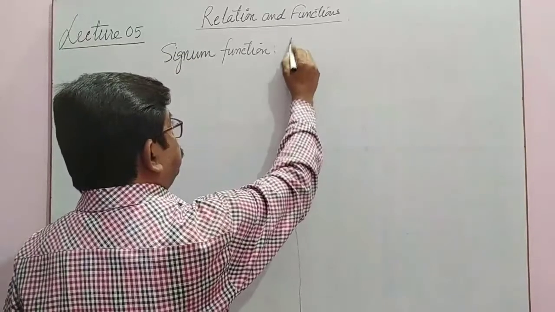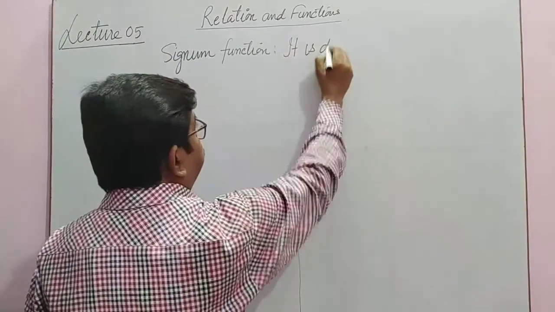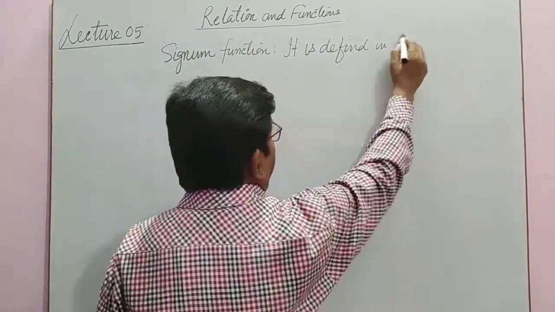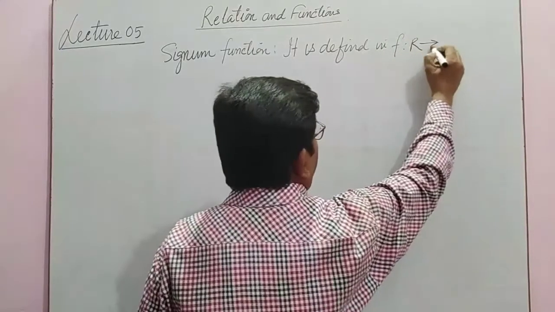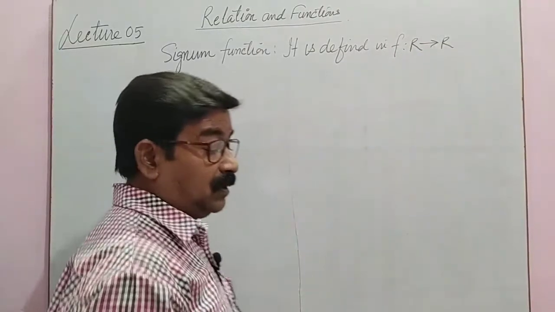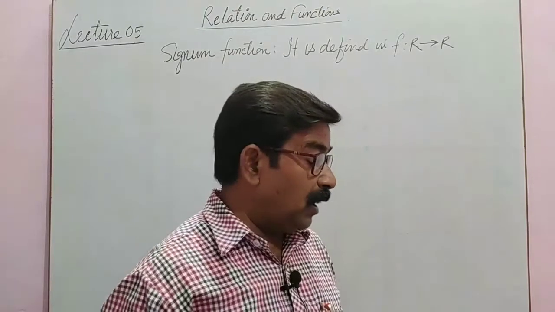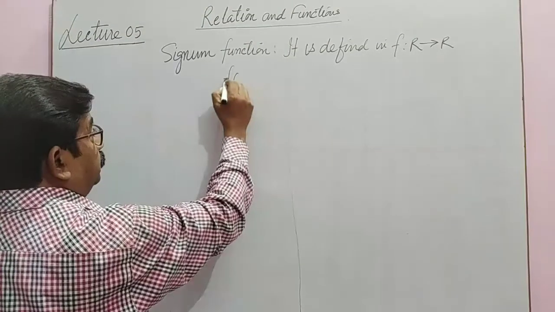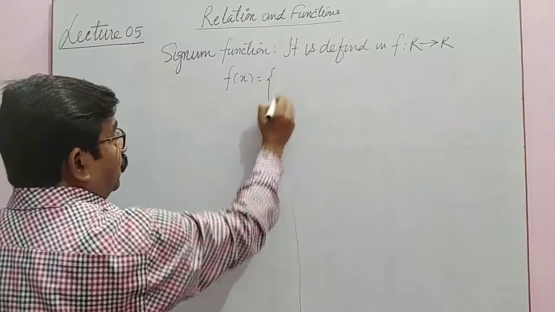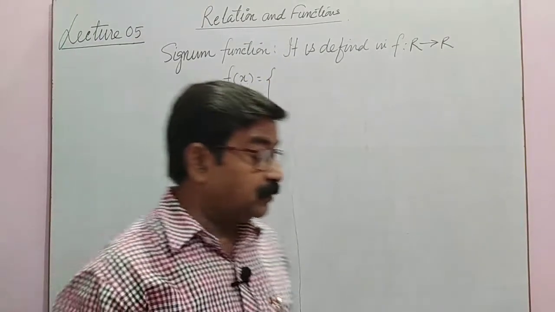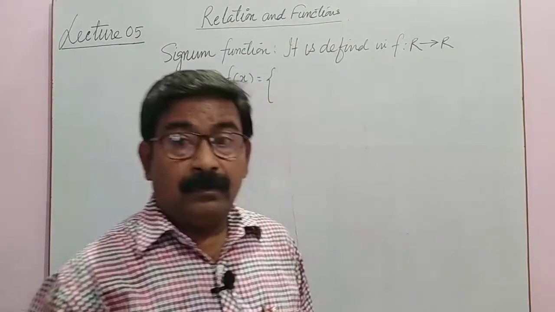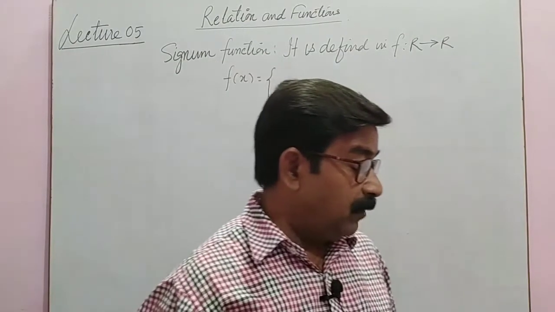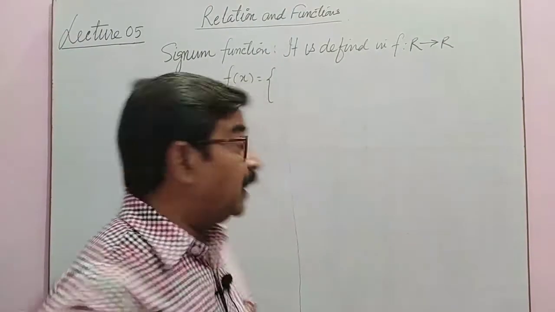So it is defined as f such that R to R, and f(x) is equal to we have -1, +1 and 0.